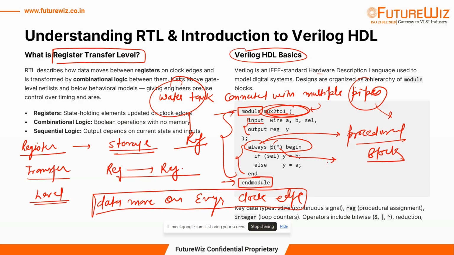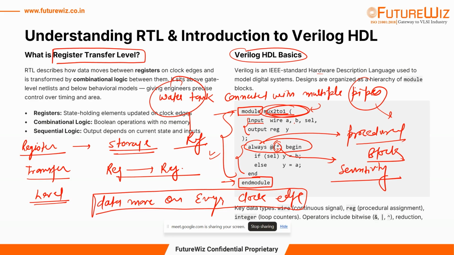We are giving the sensitivity list here, as this circuit which this code is defining is the multiplexer. It's a kind of combinational circuit. So in the sensitivity list, all the inputs must be there on which the output is depending, right?